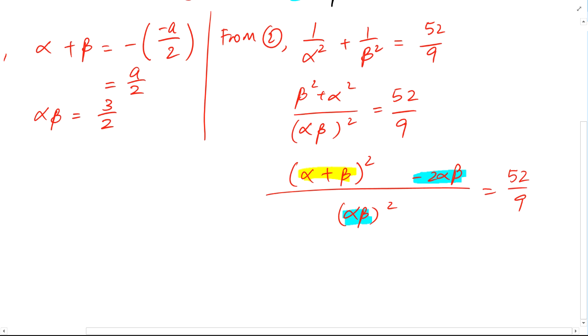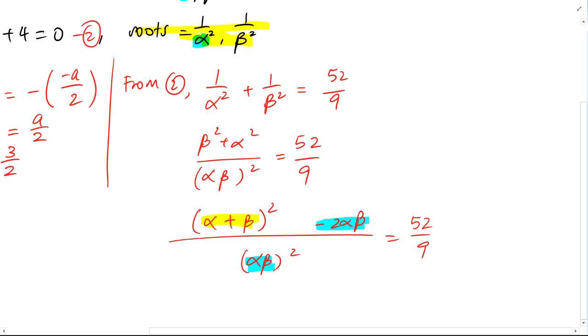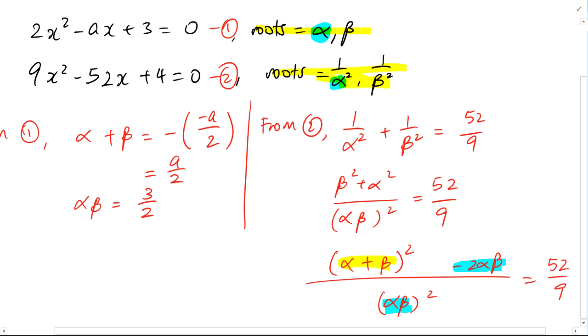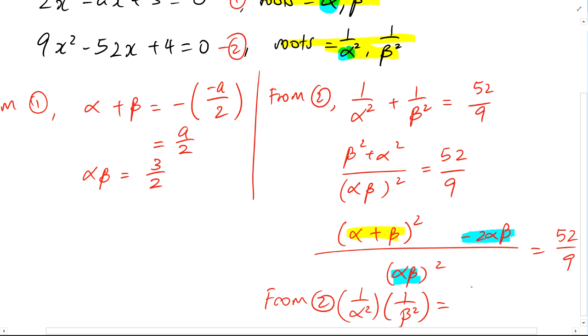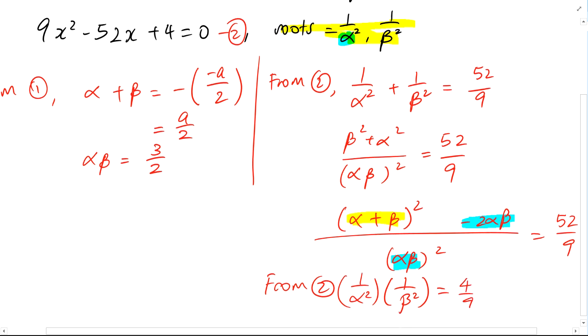Now we also have the product of roots for the second equation. From equation number 2, the product of roots is 1 over alpha square times 1 over beta square. That should give us 4 over 9, right?